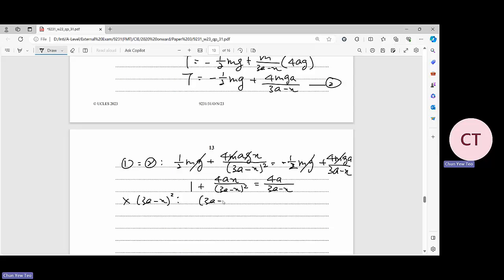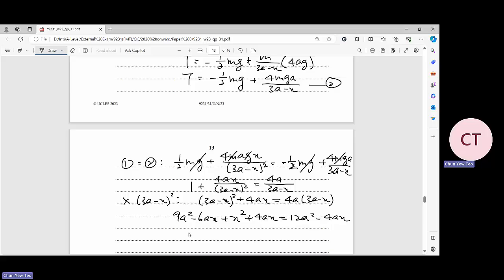So I get 3a minus x plus 4ax equals 4a multiplied by (3a minus x). Expand: 9a squared minus 6ax plus x squared plus 4ax equals 12a squared minus 4ax.